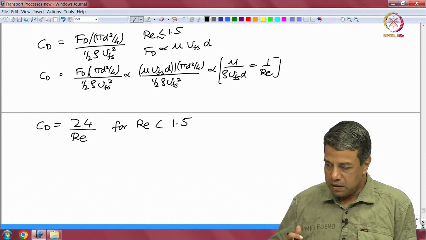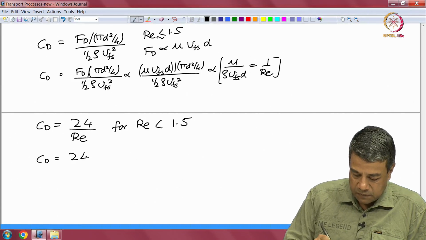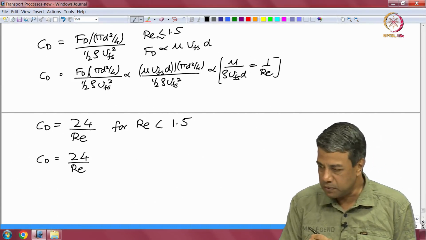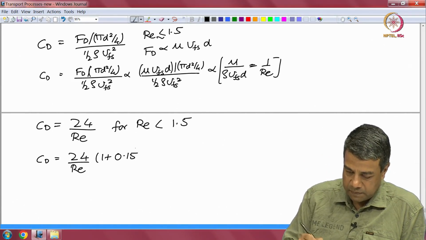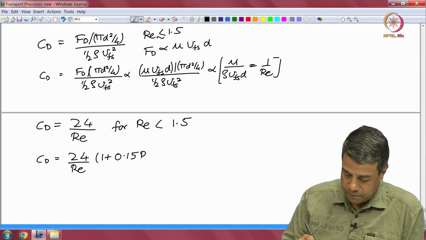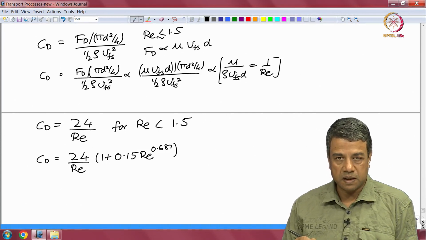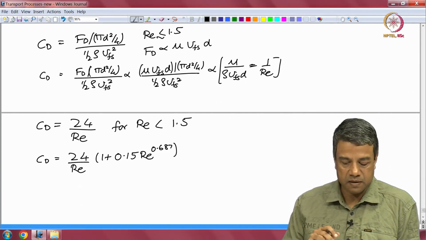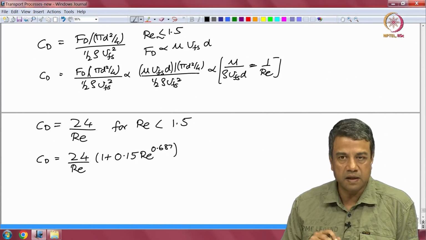A correlation for the drag coefficient of the form 24 by Re into 1 plus 0.15 Re power 0.687 accurately captures the drag force. This is an empirical correlation, whereas for Re less than 1.5 it is an analytical calculation.